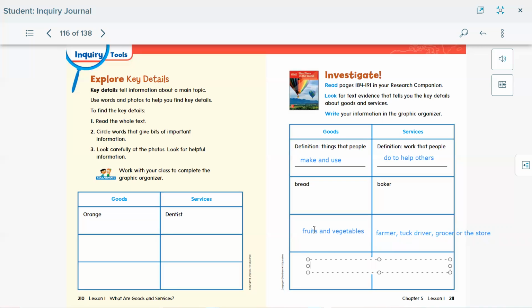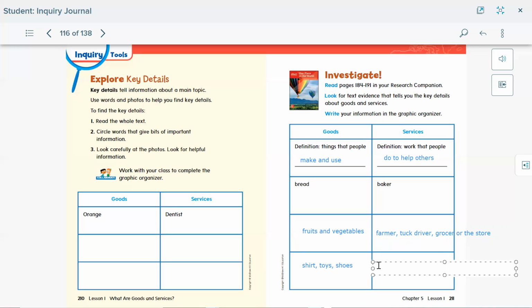Now we have more goods to put and what service or which part provides the service. For example, if we talk about goods such as a shirt, when you buy a new shirt, or toy, or shoes. So this is all goods. You go and buy it.